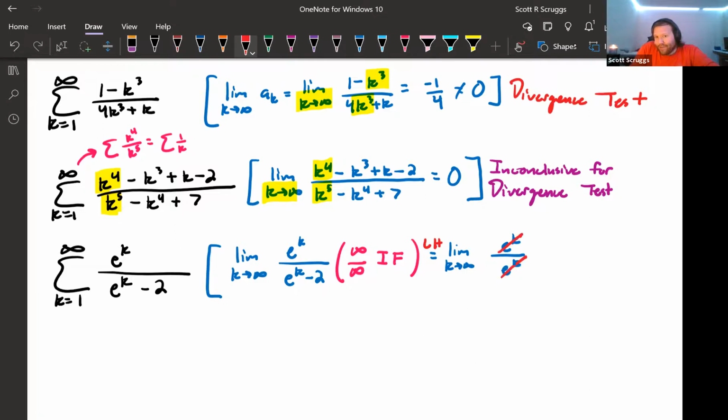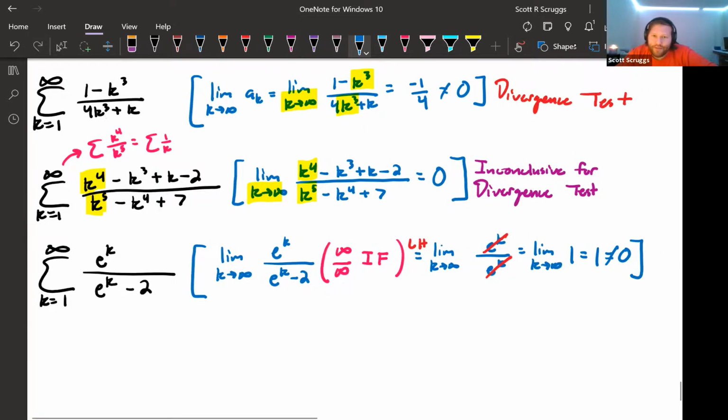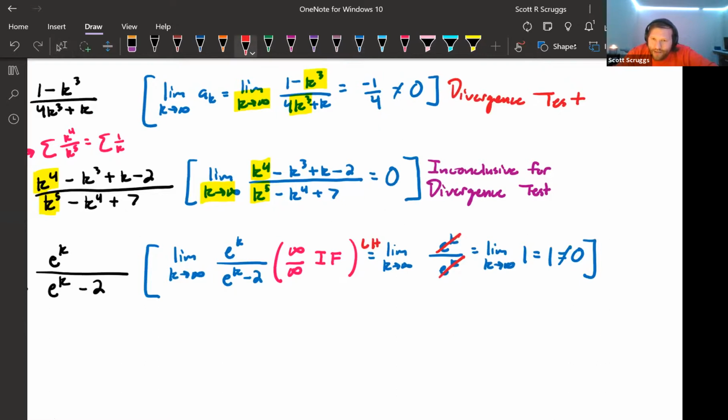But now here, they're the exact same, so I could cancel out. So I get that limit is 1, and that is definitely not equal to 0. So for that third series, the divergence test would be applicable here as well.